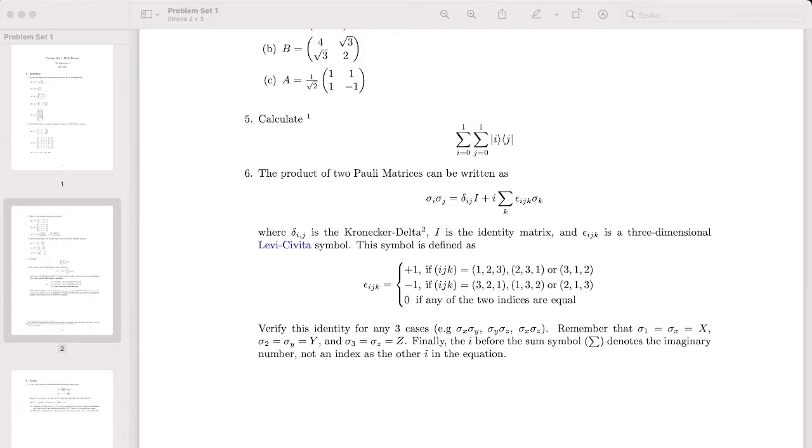The Kronecker delta checks whether two numbers that are given as inputs are equal or not. And the Levi-Civita symbol checks the order of three numbers that we give it.